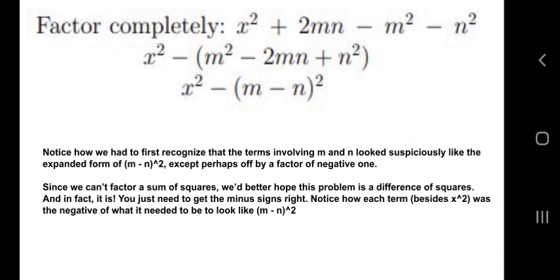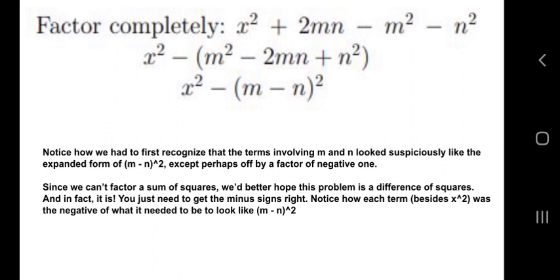So you might think, well, maybe it's m minus n in parentheses raised to the second power. The only thing that's off about these terms is whether it's plus or minus. If each term is the negative of what we want it to be, then we can factor out a -1 from each of those terms, which will be super handy.